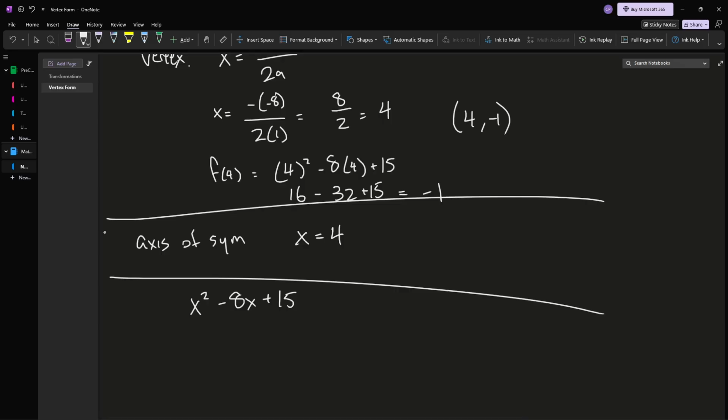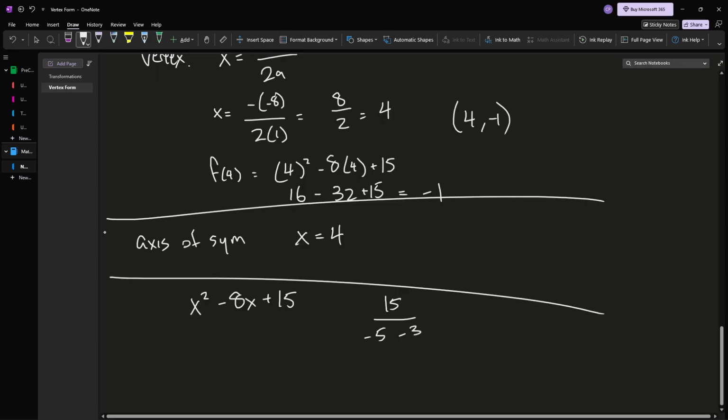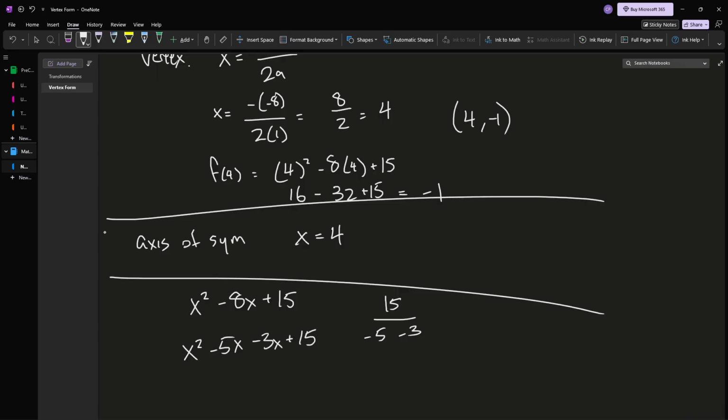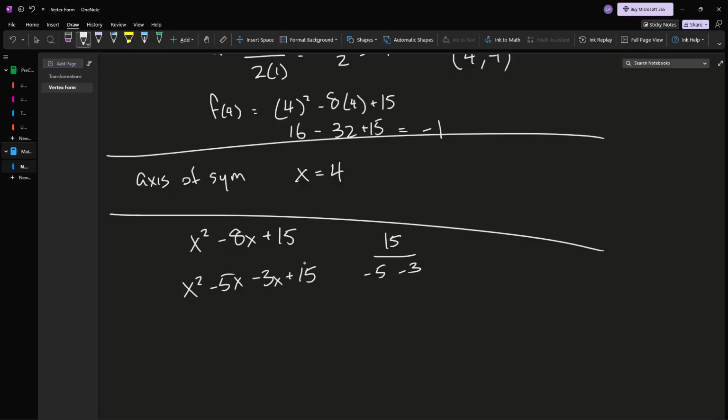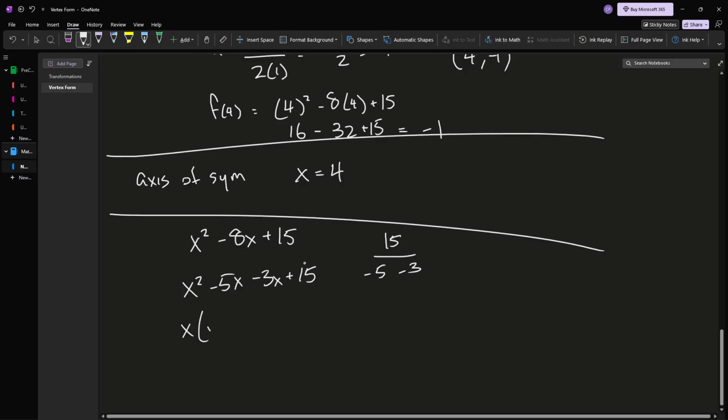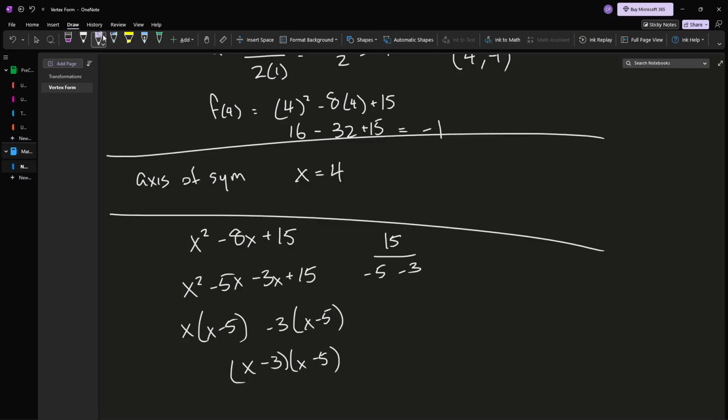So I see what multiplies to 1 times 15, because AC method, and adds up to negative 8. You have negative 5 and negative 3. X squared minus 5x minus 3x plus 15. Continue factoring to get x minus 3 times x minus 5 as factored form.